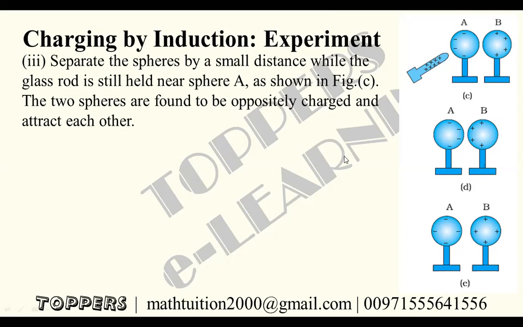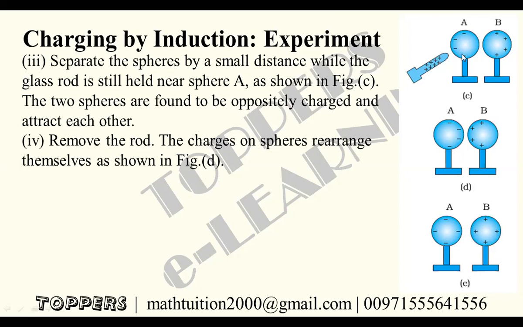See, this is positive, negative charge, and this is positive charge, correct? So the oppositely charged spheres will have an attraction between them, right? Because before, this area was accumulated with negative charge and this area with positive charge.